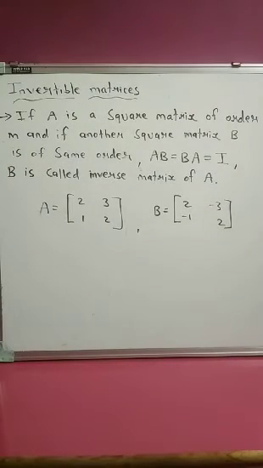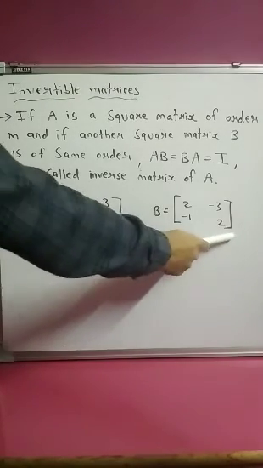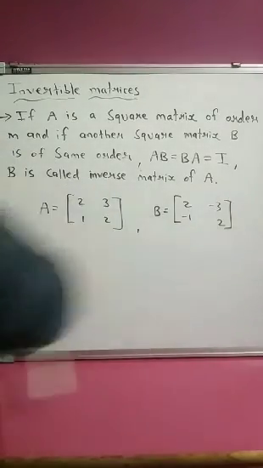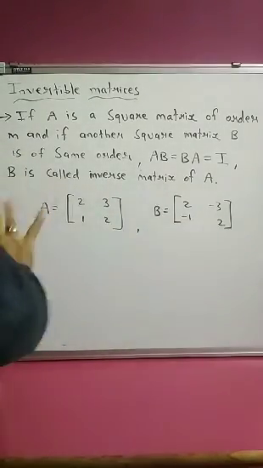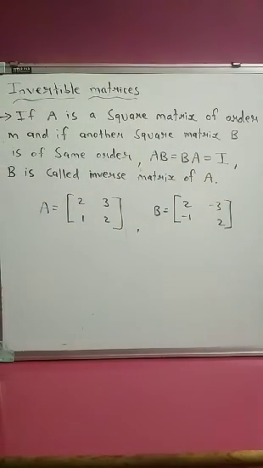Now both are square matrices and both are of the same order. Here also 2 by 2, here also 2 by 2. 2 rows, here also 2 rows; 2 columns, 2 columns. So 2 by 2 and 2 by 2. So in both the matrices the order is the same.